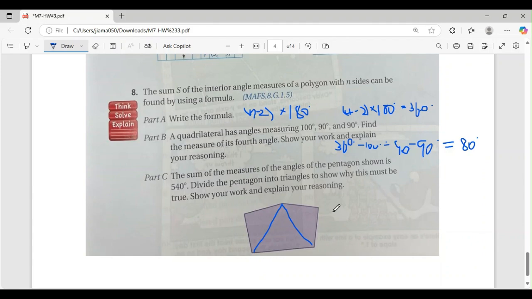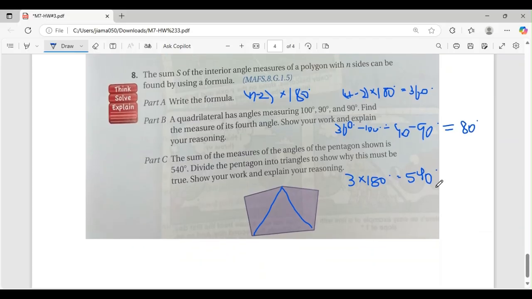So 3 times 180 degrees equals 540 degrees.